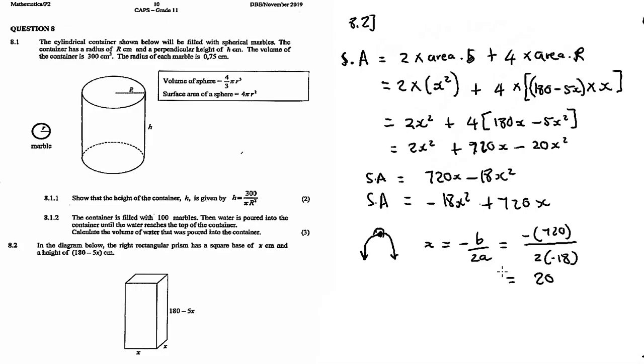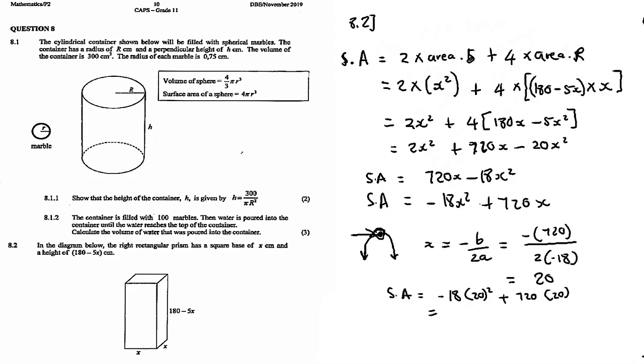So x is 20. Now the maximum surface area: the maximum is the turning point, and the y value of the turning point is your maximum. So y is negative 18 times 20 squared plus 720 times 20.